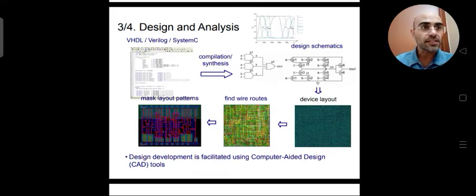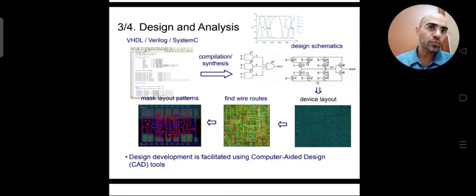If the circuits are smaller, then you have the choice either to write the code or to drag and drop and make or simulate the circuits. But if you are making a microprocessor, there will be too many gates involved, so in that case people write codes in the hardware descriptive languages, usually VHDL and Verilog.